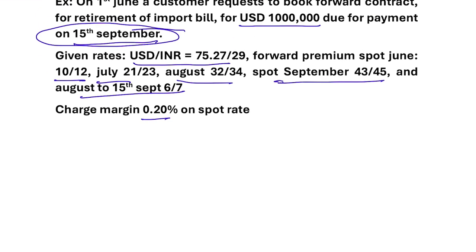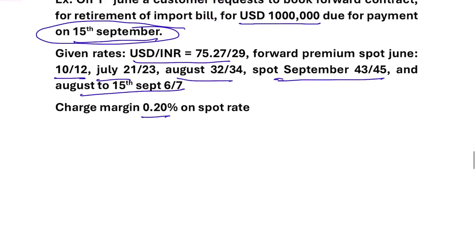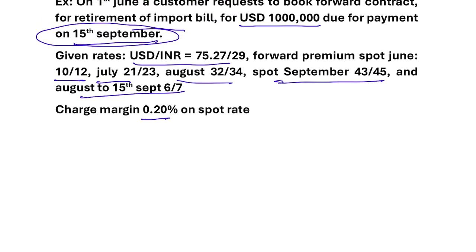Just remember, we need to consider the input value, USD by INR that he has given. What is that? 75.27 by 29, and he has booked on 1st June and his due date is 15 September. Got it? So the premium we need to calculate.